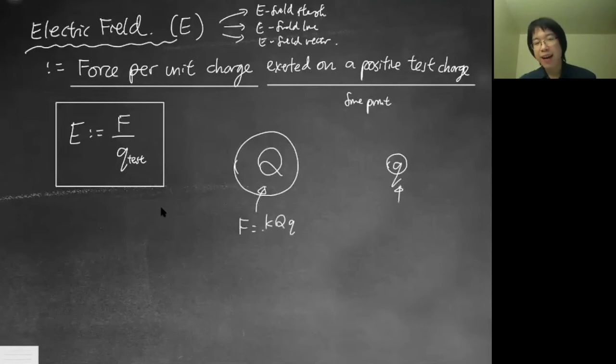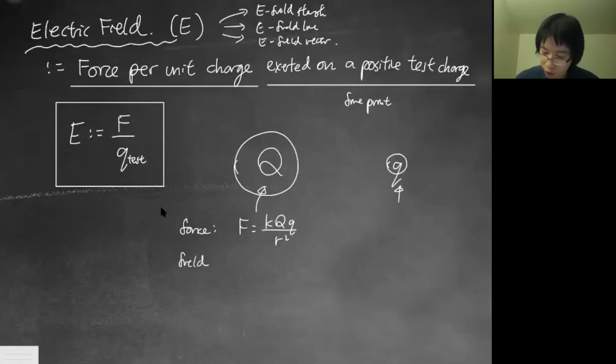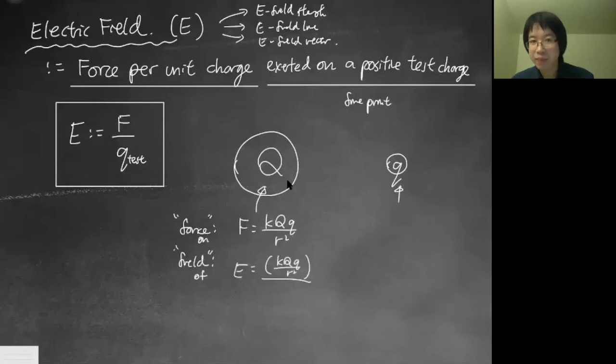But if I want to find the electric field of this guy, if I want to find the field, then I need to take the force, which is KQ over R squared, and divide by something that I need to use to test this guy. And that's this one. So I'm treating this as a test charge. It has to be positive.